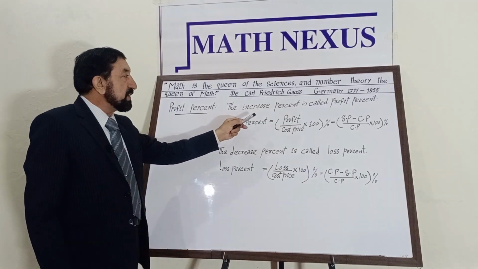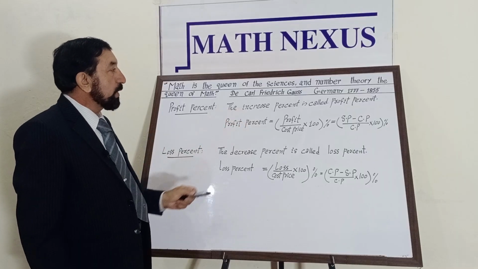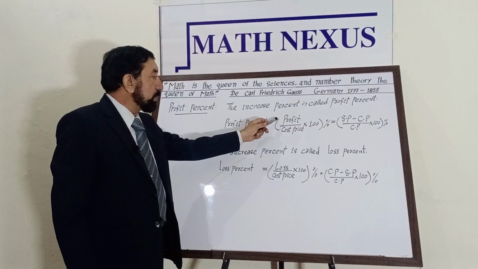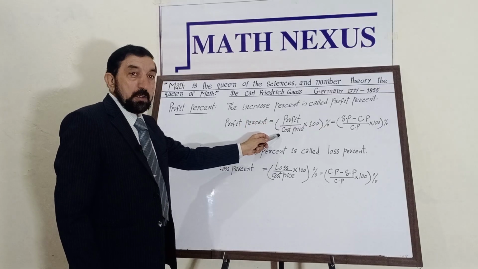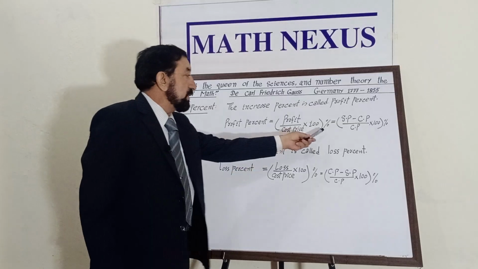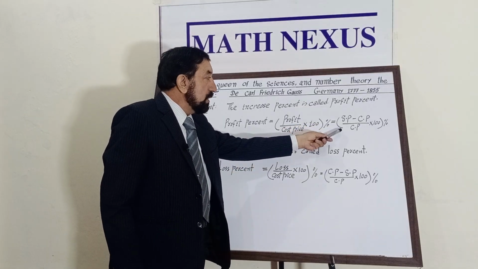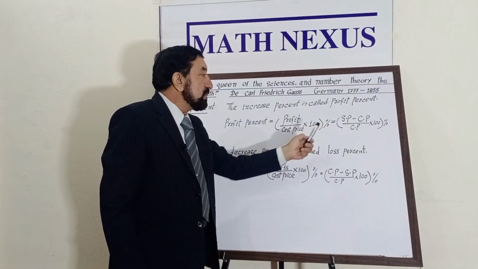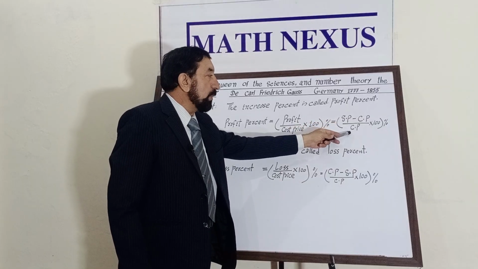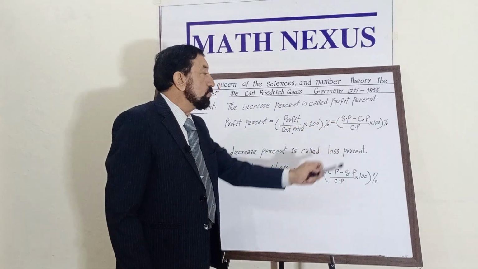What is profit percent? The increased percent is called profit percent. Profit percent is equal to profit upon cost price into 100%, or SP minus CP, where SP means sale price, upon cost price into 100.